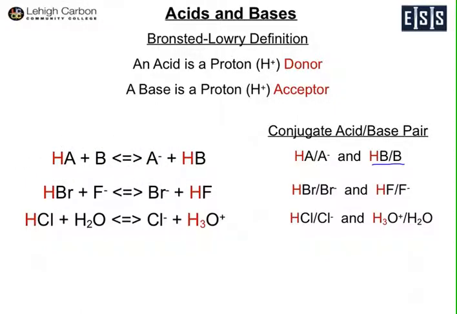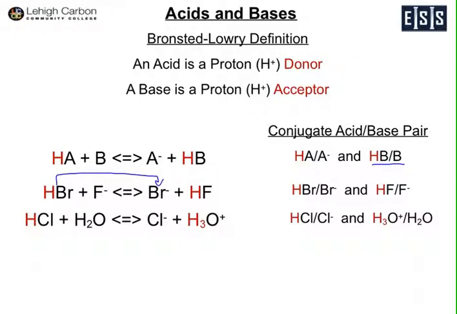I have two examples here to show how that works. First, hydrogen bromide reacting with a fluoride ion, making a bromide ion and a hydrogen fluoride molecule. Again, we do our little arrows.